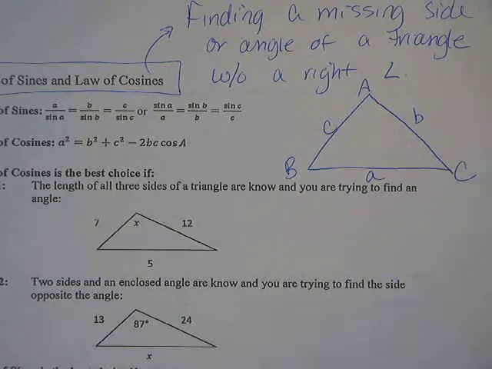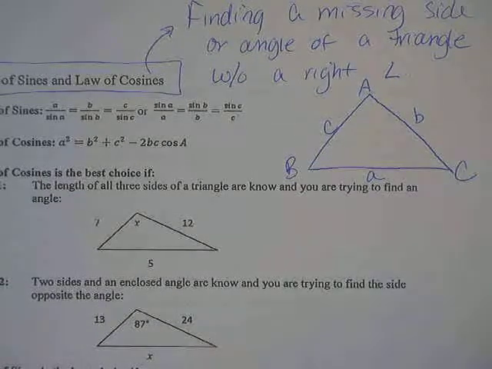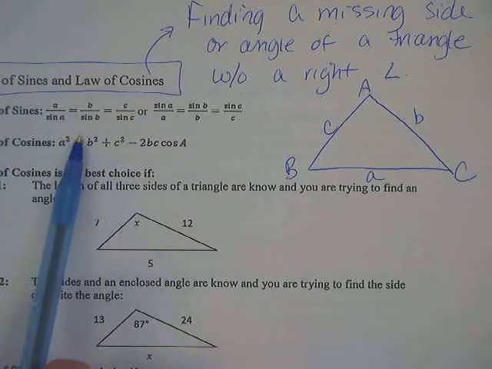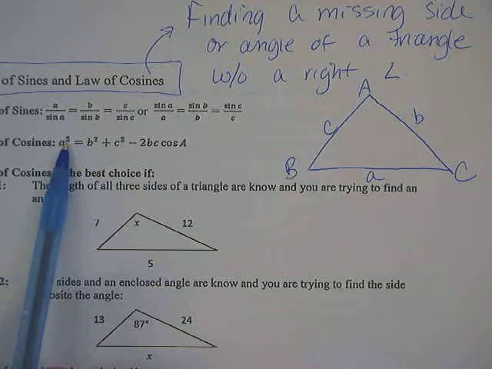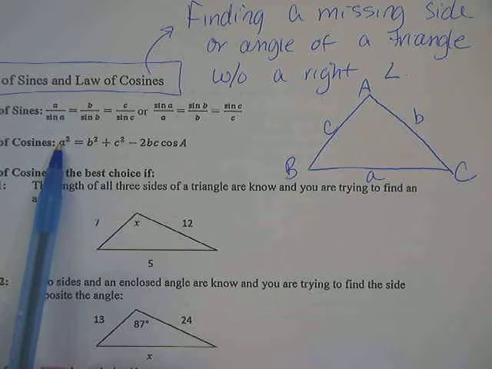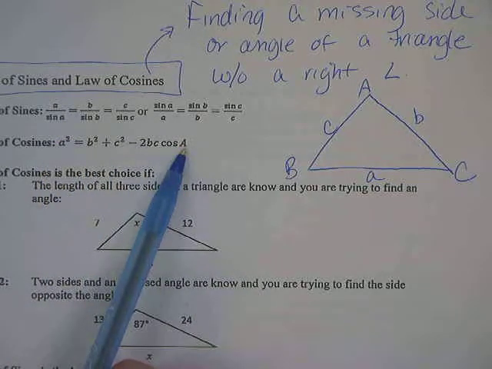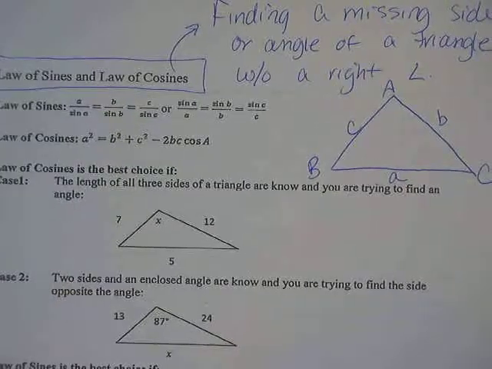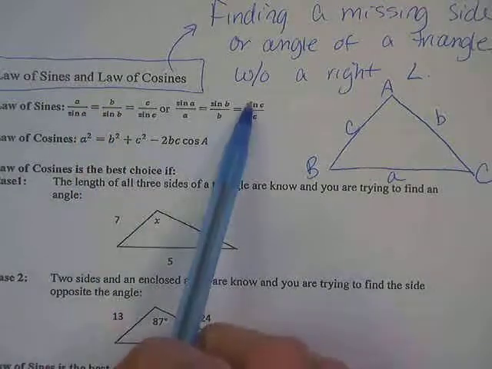Don't get all anxious if your triangles are labeled differently. The biggest thing in the formula, especially the law of cosines, is that the little side has to be by itself, across from the angle that's included in the formula. That's the biggest thing you're going to look for.